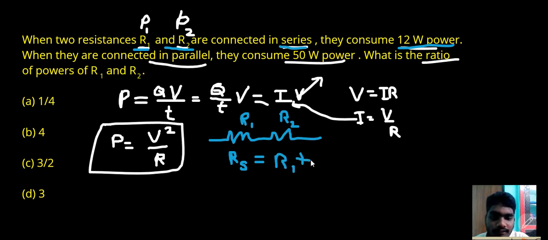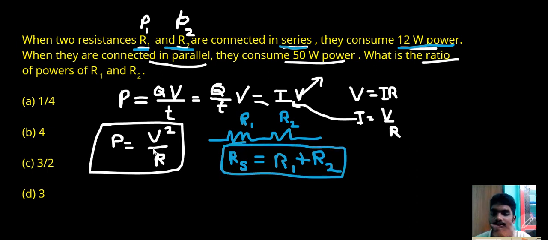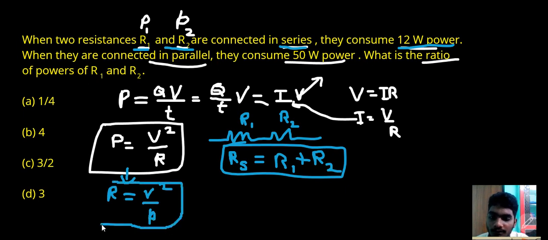We know that, we have a derivation for this also. From this, you can write this formula, R is equal to V square by P. This is the formula we are going to use here. This is a very important formula.